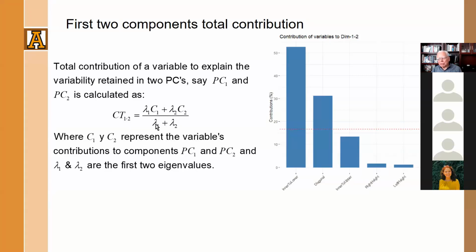Remember, the eigenvalues are variances. So C1 and C2 represent the variables' contributions to the components PC1 and PC2, and lambda 1, lambda 2 are what we call the eigenvalues. That's how the contributions are estimated.